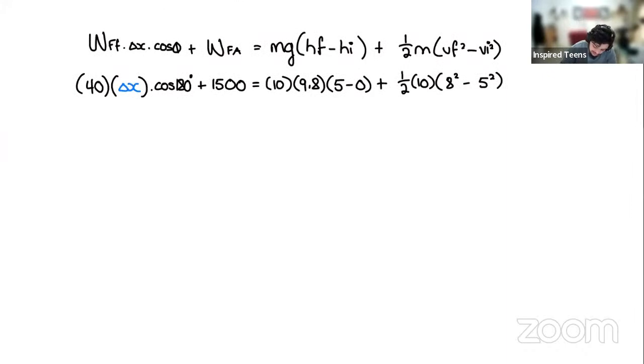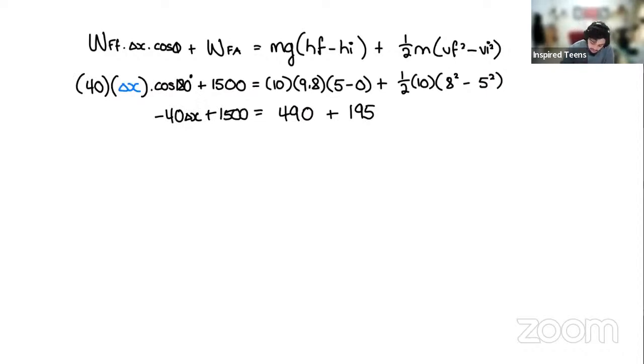So when I simplify this right-hand side, 10 times 9.8 times 5 gives me 490. Half times 10 times 8 squared minus 5 squared gives me 195. And on this side, when I simplify, 40 times cos 180, I get negative 40 delta x plus 1,500.